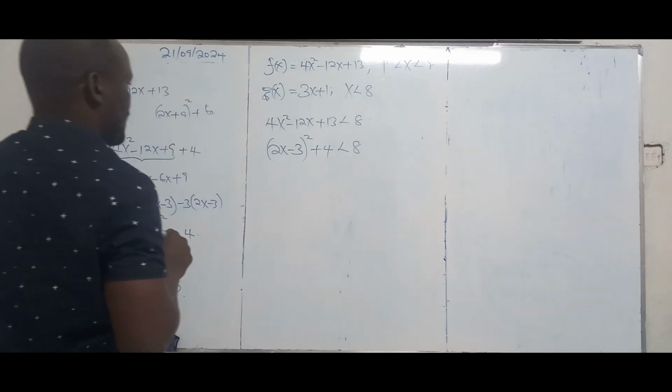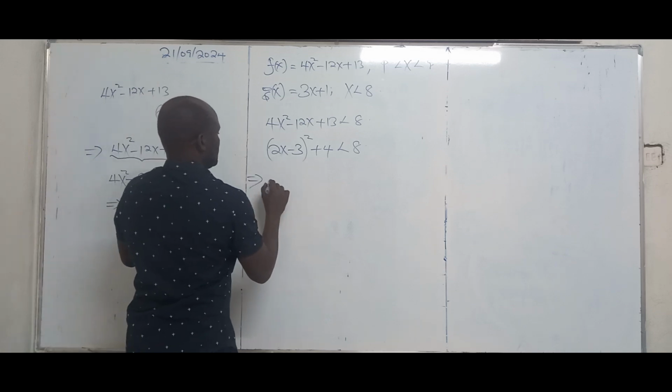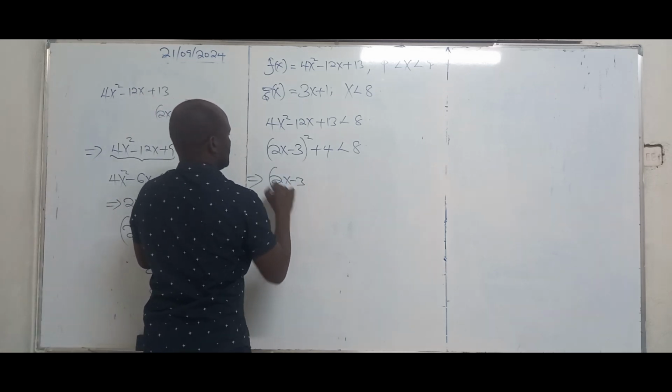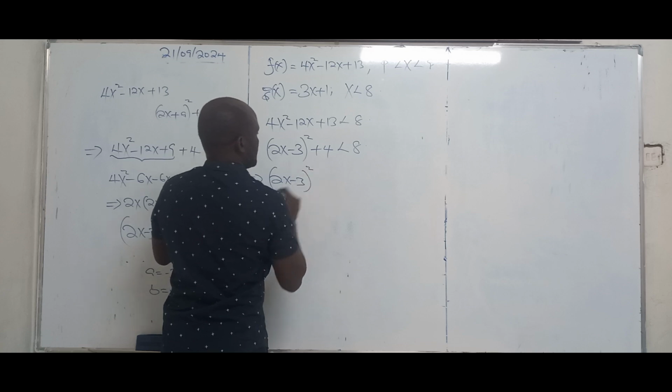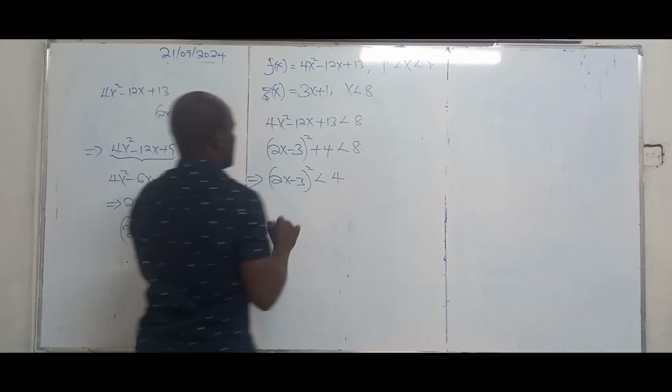That's what we have. And so it means that 2x minus 3 squared is less than 4.